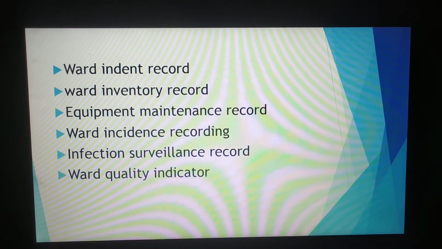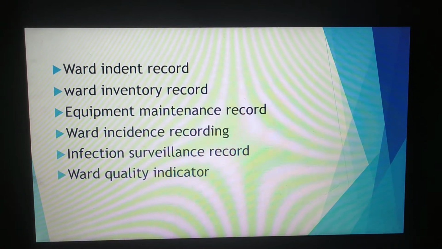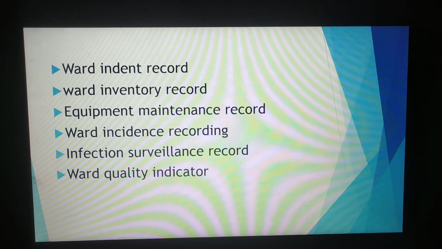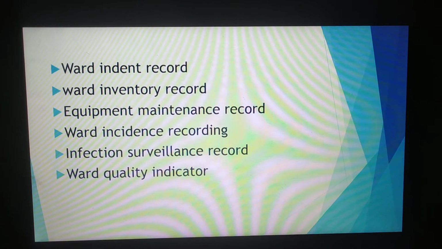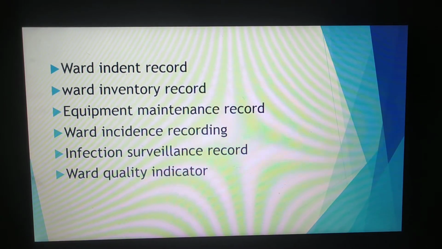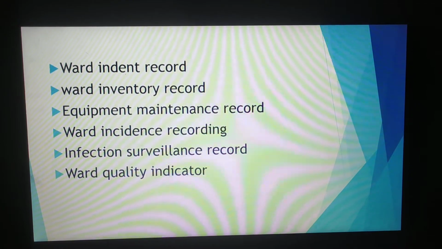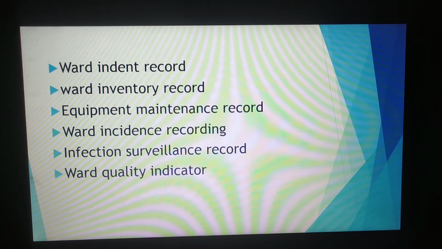And also the ward indent record, what indent is needed for the ward, and inventory, what inventory is needed should be maintained by the wards or the ICU. And also the equipment maintenance record and the movement record should be maintained.